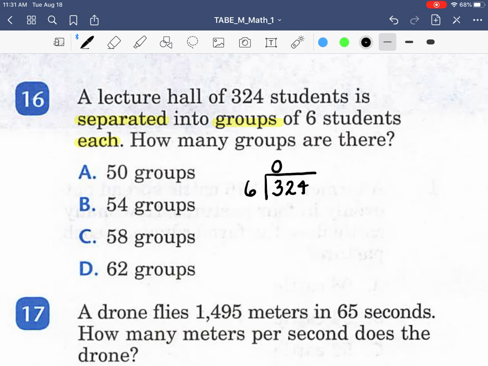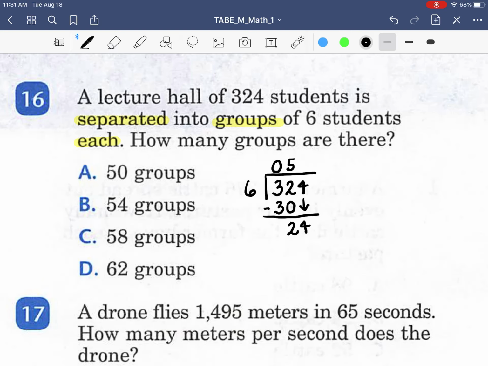6 into 3 can't happen. So let's see about 6 into 32. So I have 6, 12, 18, 24, 30. That's as close as I can get. So 5 6s, 5 fingers give me 30. Drop that 4. And let's figure out how many fingers it takes to get to 24.